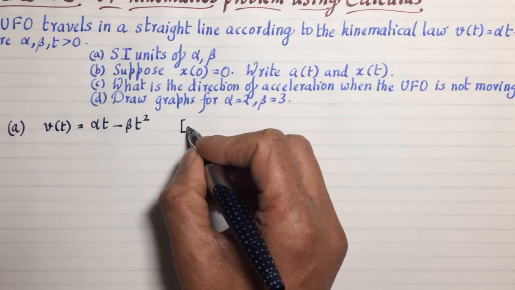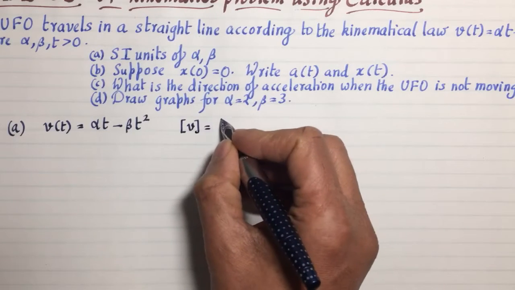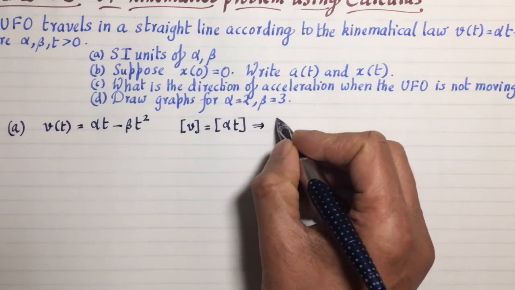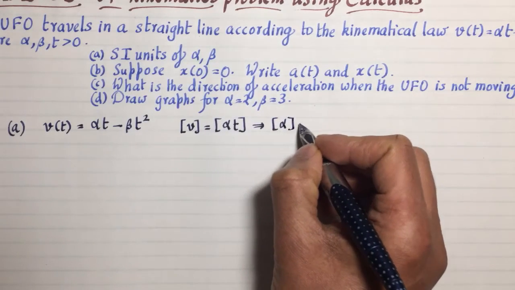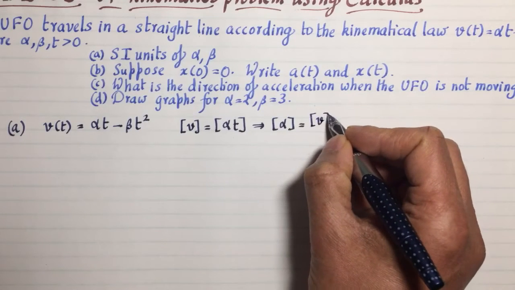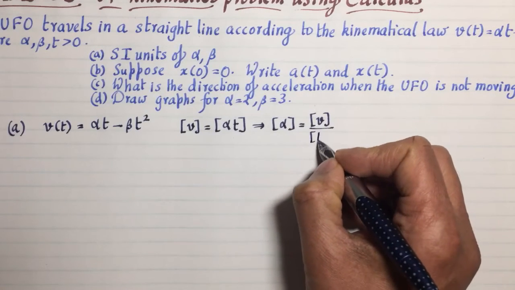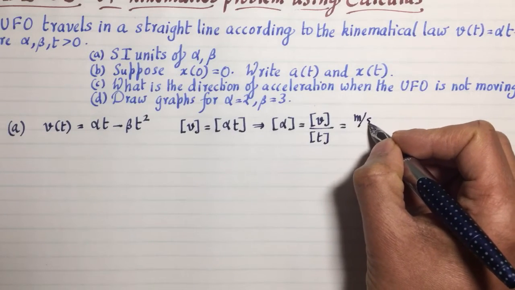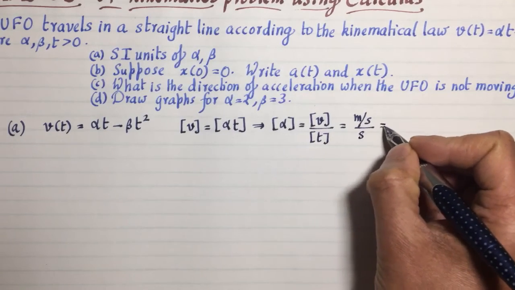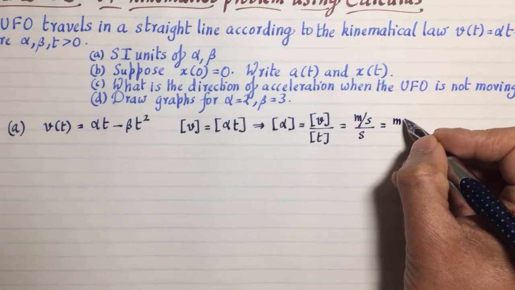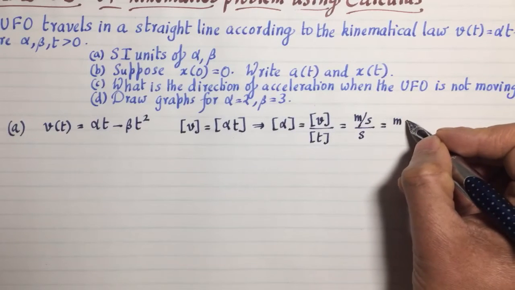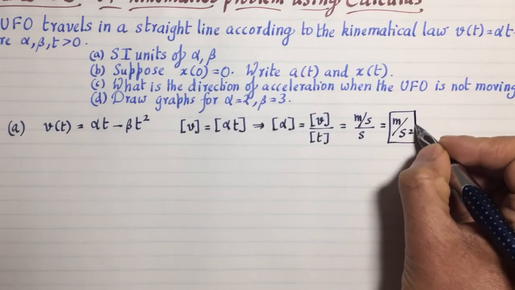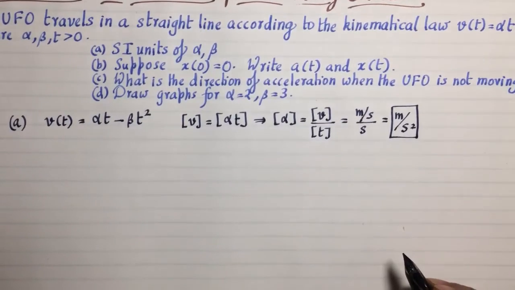So I can write dimensions of v must be equal to the dimensions of alpha times t, and that tells me that the dimensions of alpha are going to be the dimensions of v divided by the dimensions of t. v is measured in meters per second and t is measured in seconds, so that's going to be meters per second squared. So alpha is just an acceleration.